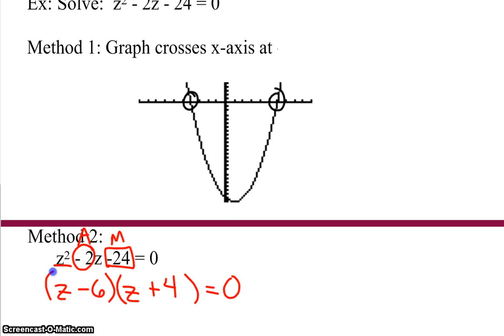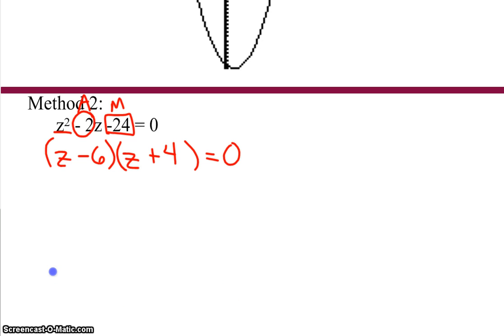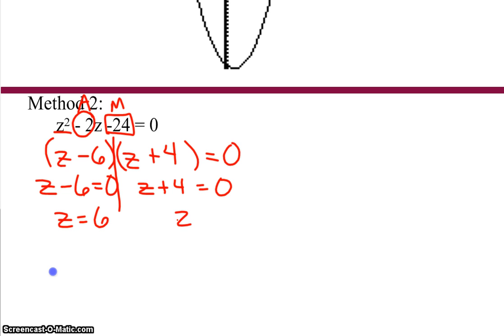So now my problem is z minus 6 times the quantity of z plus 4 equals 0. I apply the zero product property by setting each factor equal to 0. Z minus 6 equals 0 gives me a solution of z equals 6. Z plus 4 equals 0 gives me a solution of z equals -4.